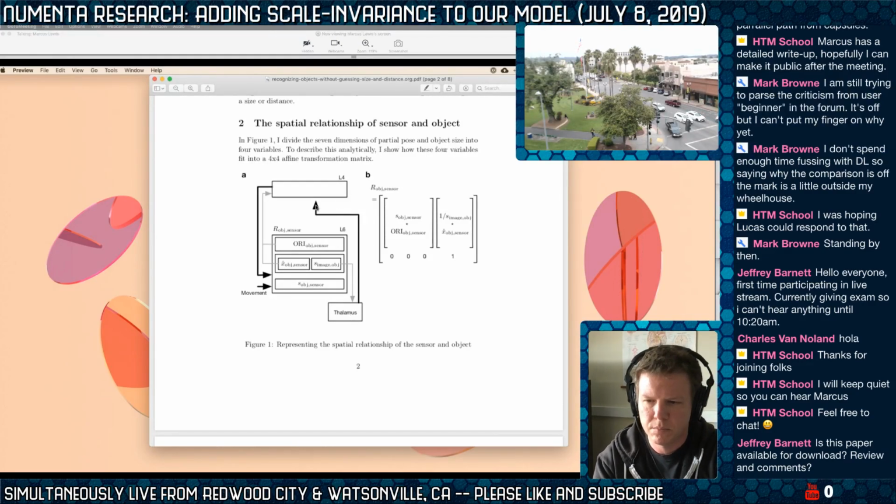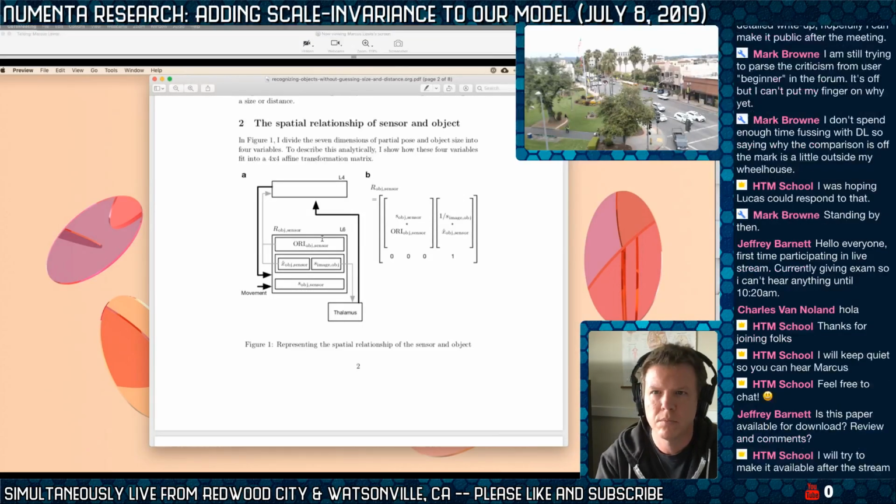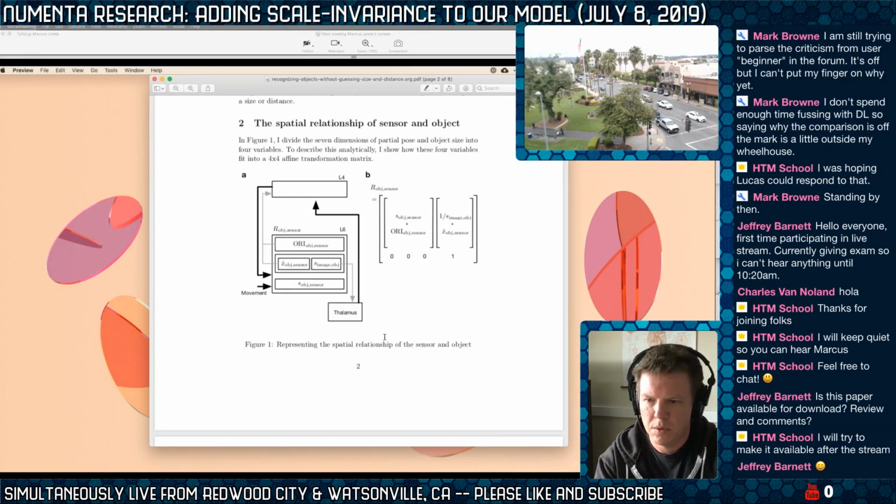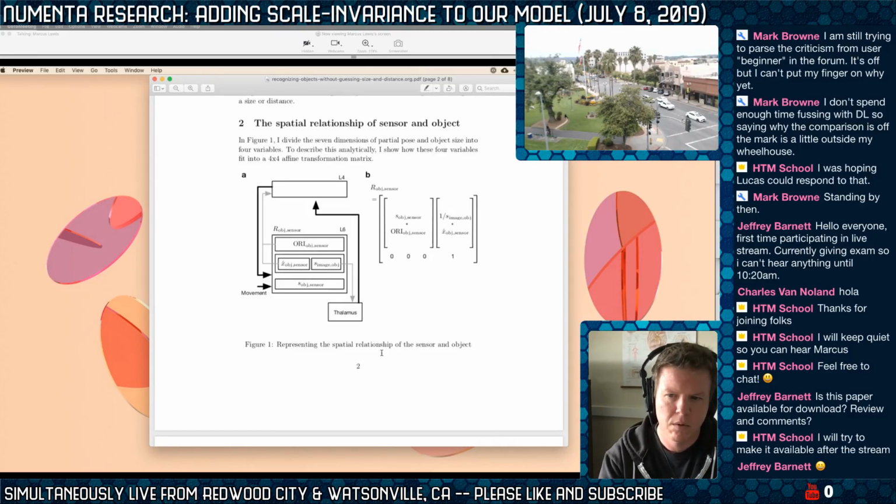Using that in the what pathway as well? Yeah. So you're doing the scaling even though you're trying not to recognize the object using distance? Is the thalamus representing the distance, or something else? No, it's representing the size of the image on the retina, which is generally related to the distance. Okay, now I'll have to wait and see how it works.